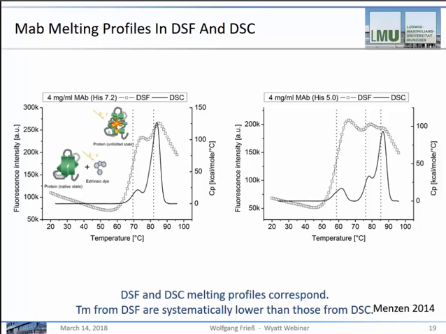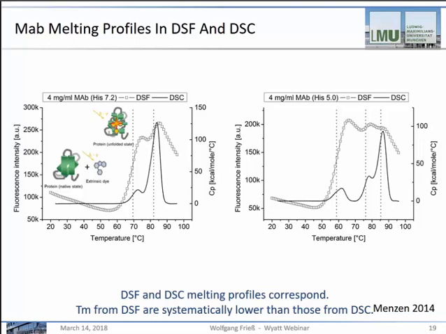When we ramp cetuximab up at 4 mg per ml in histidine buffer pH 7.2 in DSC, we can see two transitions which are related to the Fab and the Fc part. If we do the same with DSF, with an extrinsic fluorescent dye, we see the unfolding of the molecule, the dye interacting with the unfolded state, which is rather sensitive.